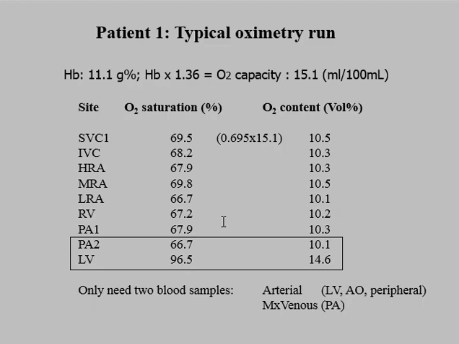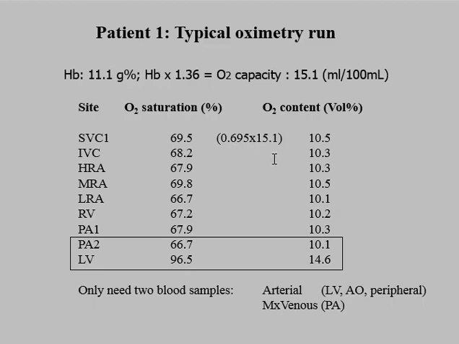Now, if we take our blood saturations and multiply that oxygen carrying capacity, 15.1, by that percent saturation expressed as a fraction, so the 69.5 becomes 0.695 times 15.1, and that becomes 10.5.